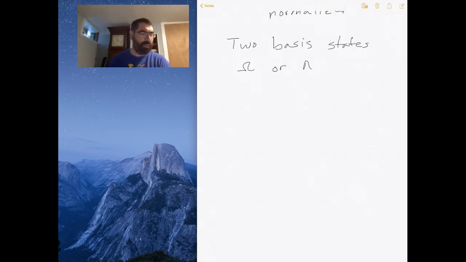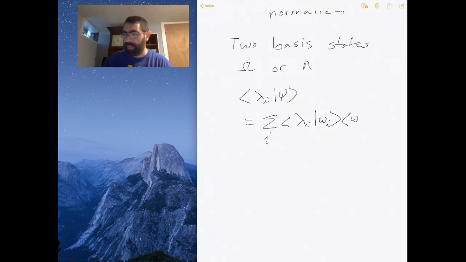If we project lambda onto our state psi, I could rewrite this as lambda projected onto the state omega, and then the state omega projected onto the total state psi. This is possible because we said the identity was the sum over all possibilities of omega.